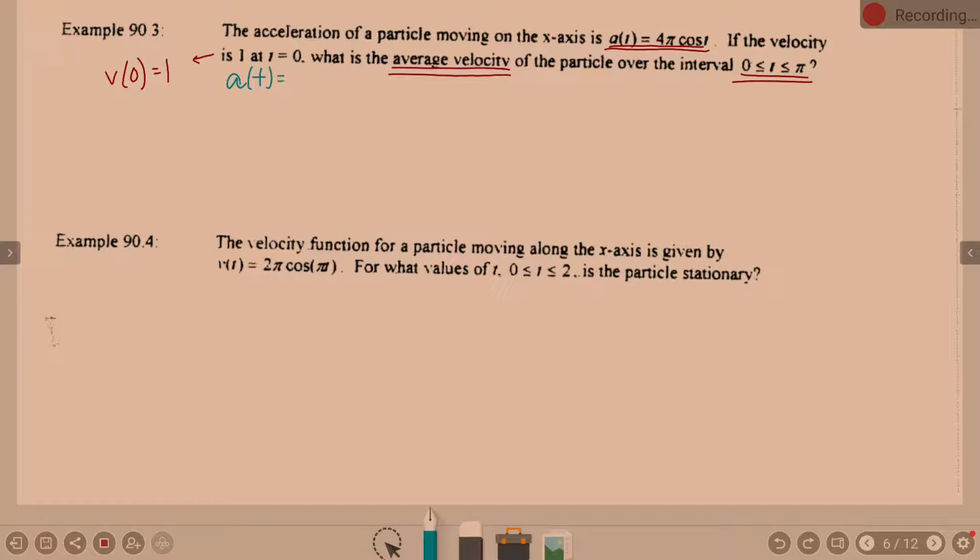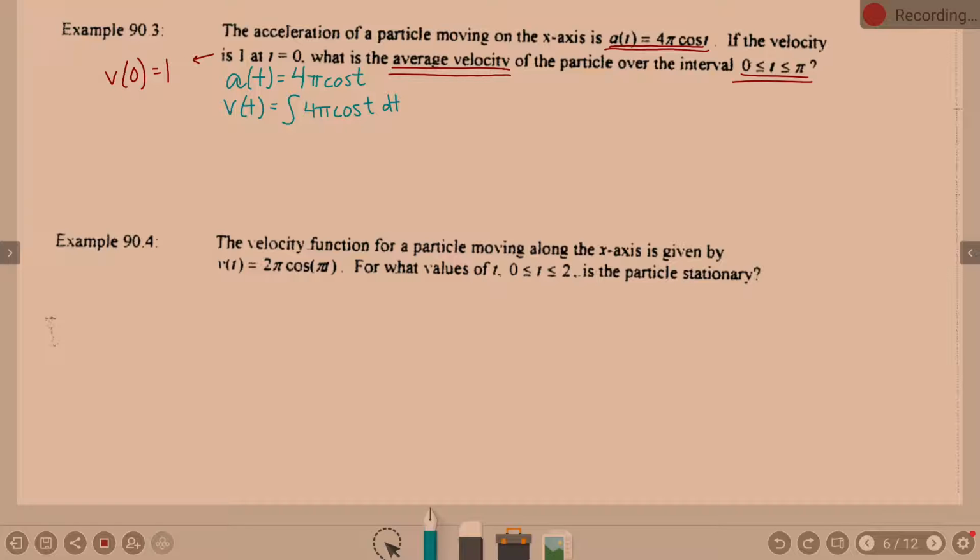We are given that the acceleration is 4 pi cosine t. We know the velocity is the integral of acceleration. So we're going to do the integral of 4 pi cosine t dt.